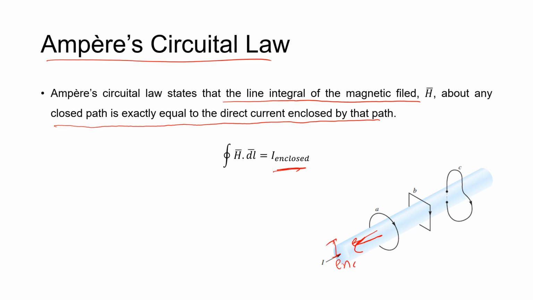If you take any closed path, such as a circle, square, or any random path, that is closed and surrounds this cable, you will find that the integration over this closed path of H dot dl equals this I enclosed.